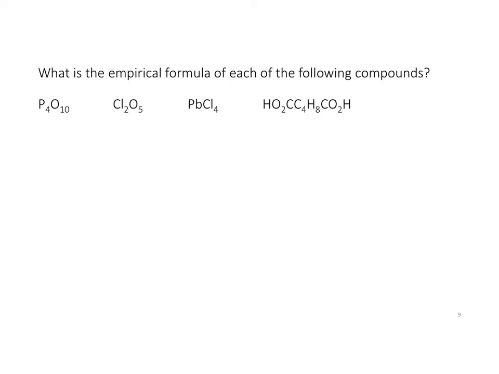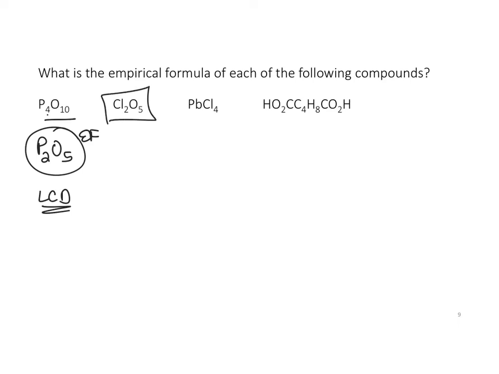What is the empirical formula for each of the following? We're going to have to take this down to lowest terms. 2 will go into 4 2 times, 2 will go into 10 5 times. So you find the lowest common denominator, and then you reduce that down, and that would be the empirical formula.